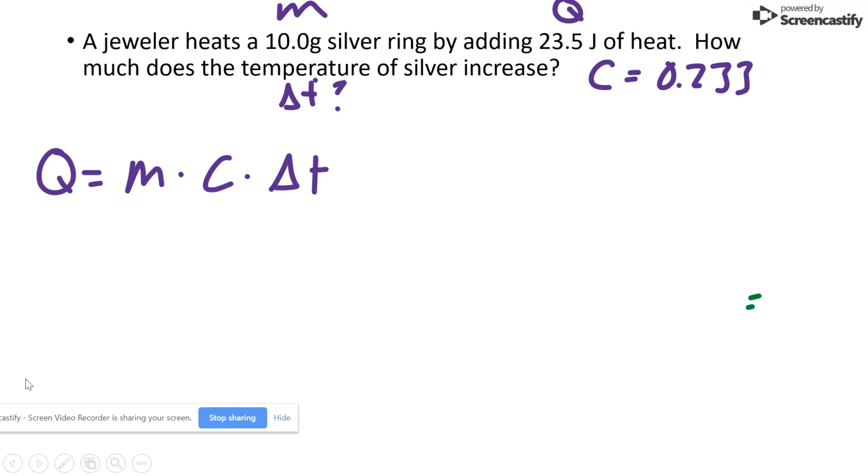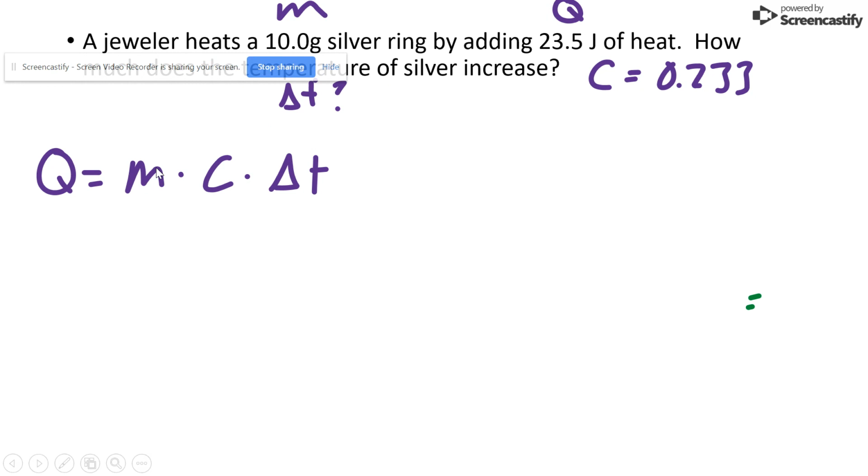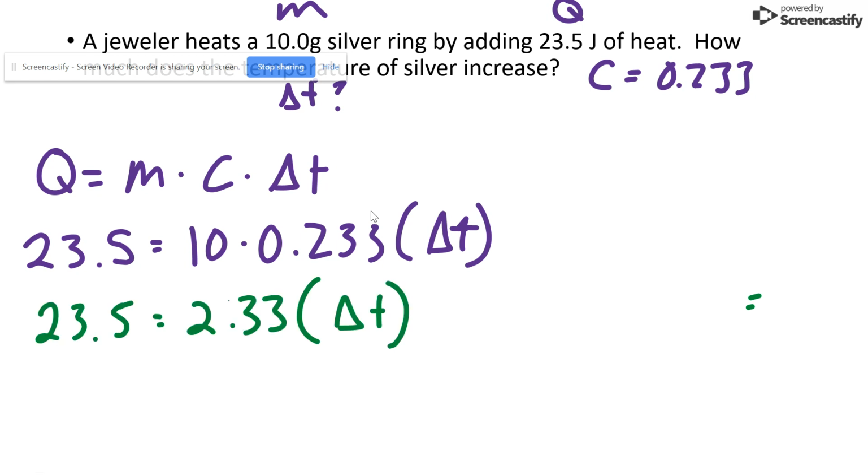To start off, we are going to have our formula here. Q equals M times C times delta T. If we plug in our numbers, we know Q is 23.5, our mass is 10, the specific heat of silver is 0.233, and we're looking for that change in temperature. Now I'm going to multiply 10 by 0.233, so I get 2.33.